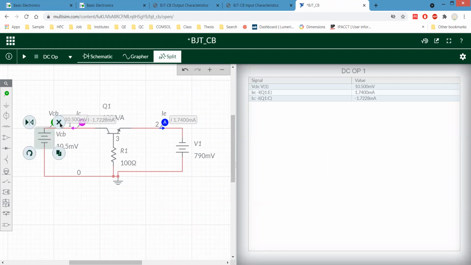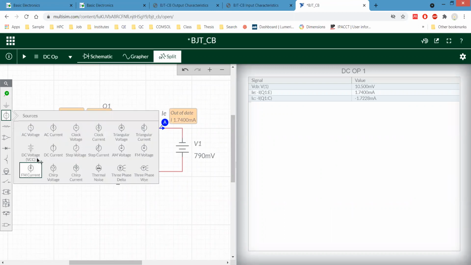Let's remove it, and I think it will work. Let me check once.